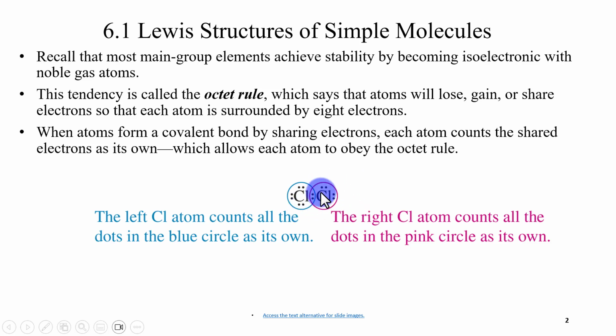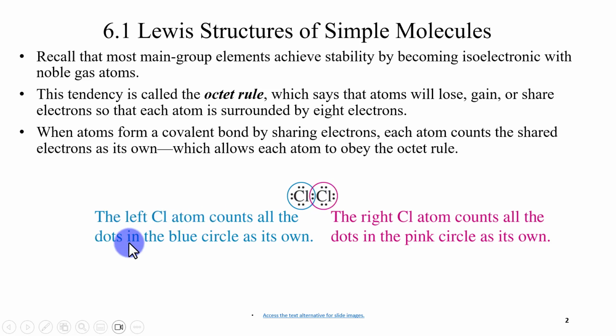This chlorine only needs 1 electron. Each of them has 1 unpaired electron, but when they come together to form a bond, they can share each other's electrons, and they form this bond right in the middle here. This electron is coming from this chlorine, and the bottom electron is coming from this chlorine.